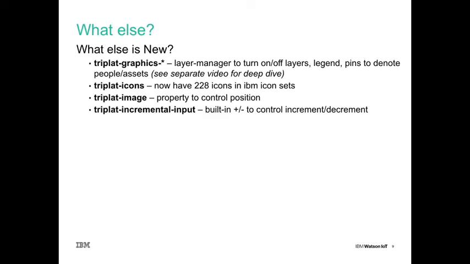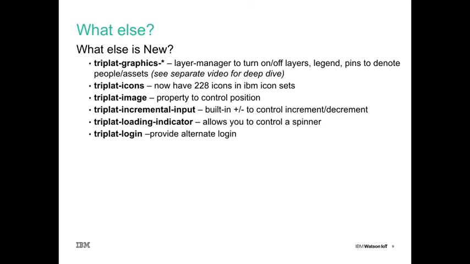It uses this component for its plus minus selectors. We have a TriPlat loading indicator that allows you more control over the spinner. We have a TriPlat login that provides an alternative login similar to how the form-based TRIRIGA provides an alternative login.